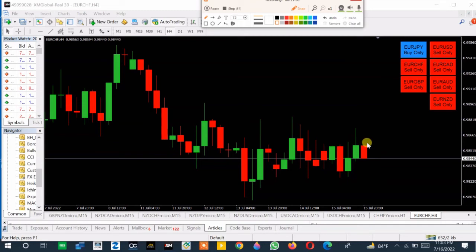This is the current candle, and this is the latest closed candlestick. It has a high point and a lowest value.